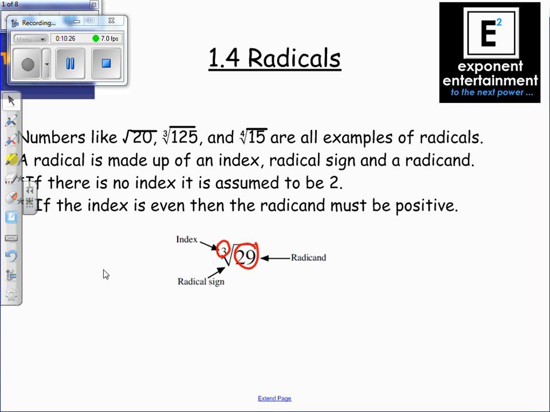Does everybody follow that? We broke 108 into 36 and 3. Our property told us we can break those into 2 separate radical statements. The square root of 36 is 6. The square root of 3 is left as the square root of 3.